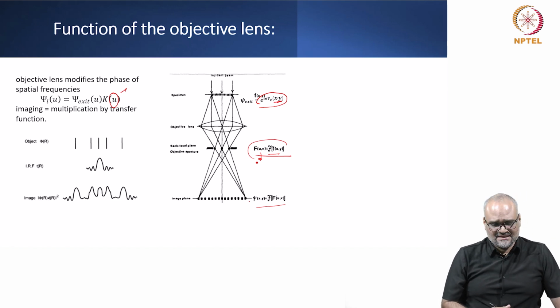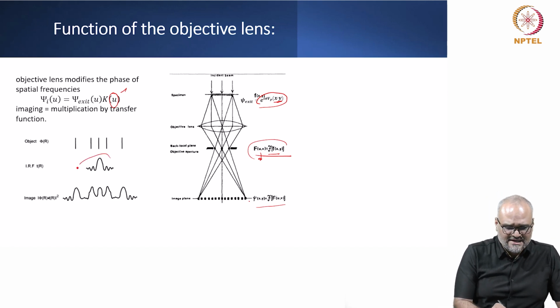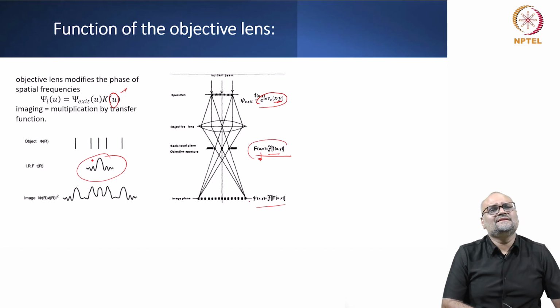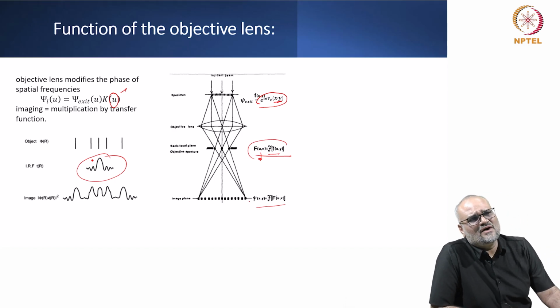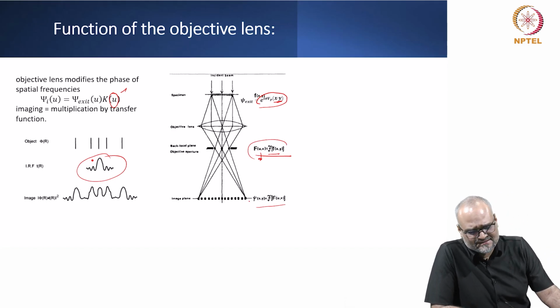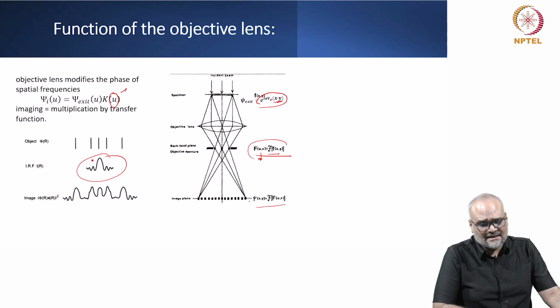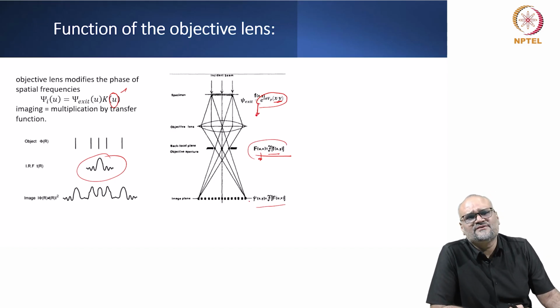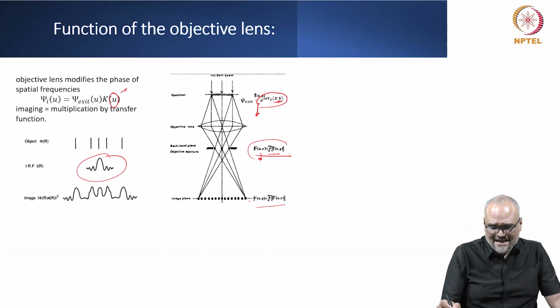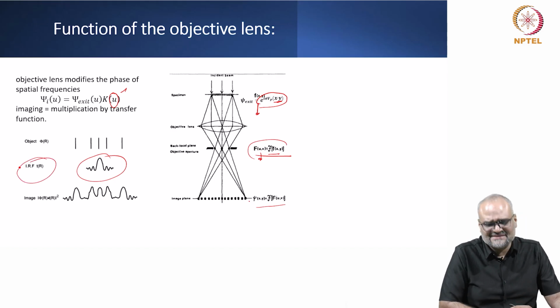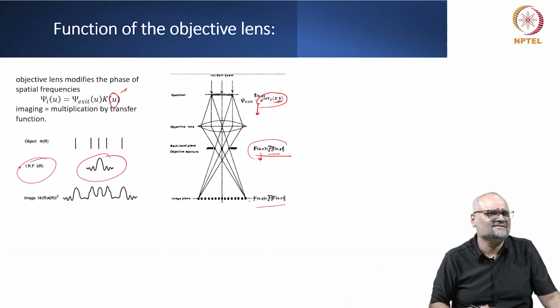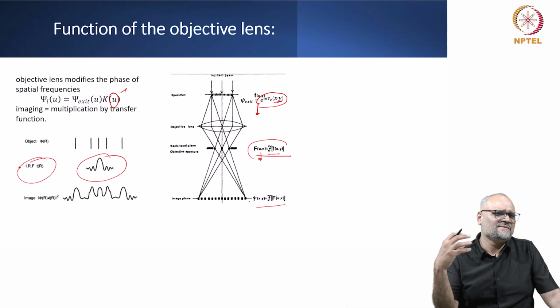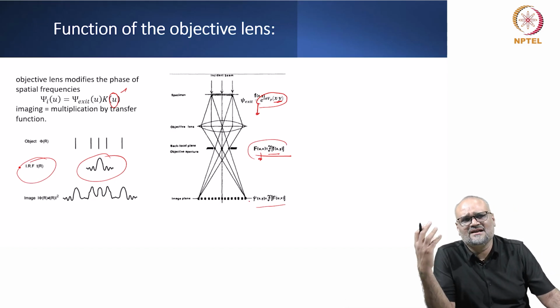From these, if I introduce the point spread function or the aberration function of the imaging system, I am multiplying the information of the exit wave with the aberration, or impulse response function, or transfer function. Sometimes you term it the lens transfer function, sometimes the impulse response function.